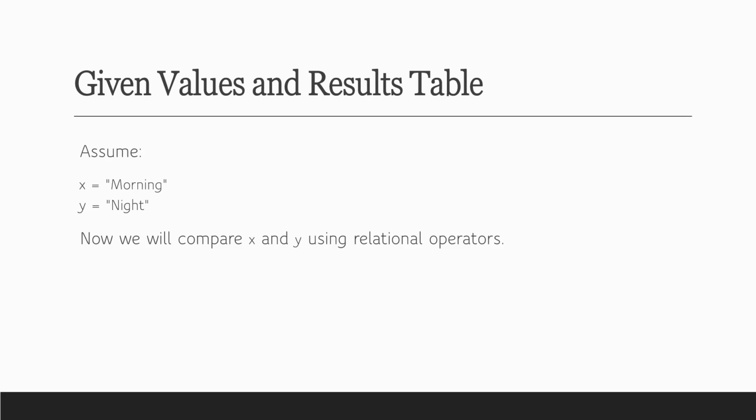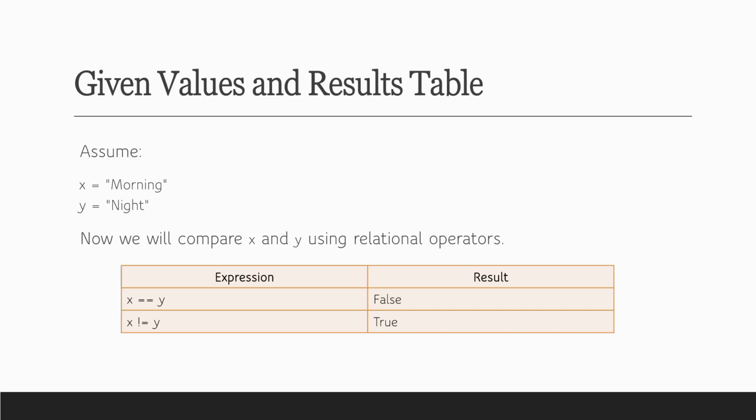In this slide, we are looking at the given values and the results table. Assume that the value of variable x is morning and the value of variable y is night. Now, we compare x and y using relational operators. First, we check whether x is equal to y. Since morning and night are two different words, the result is false.